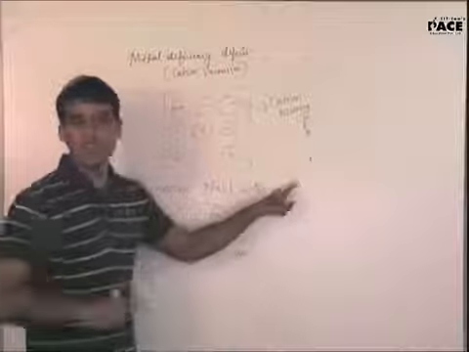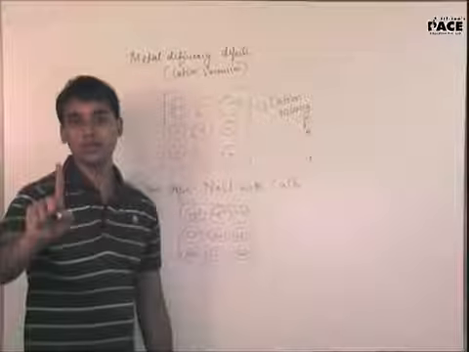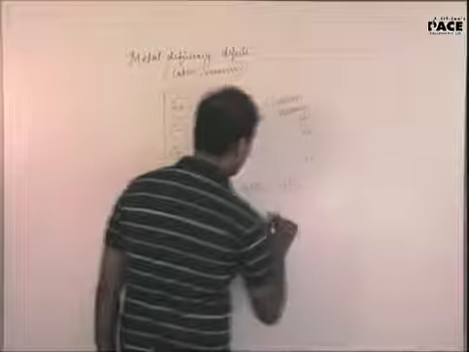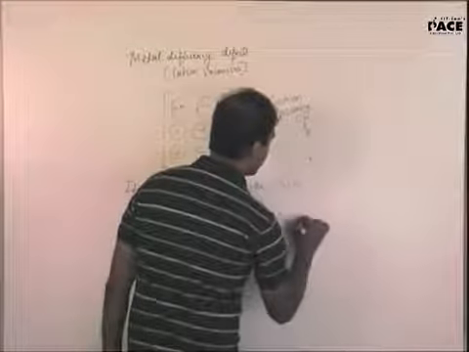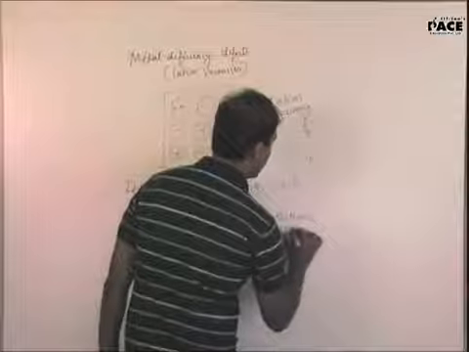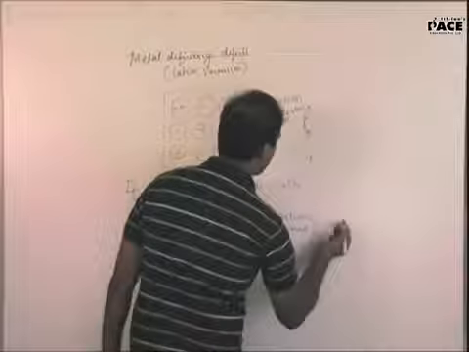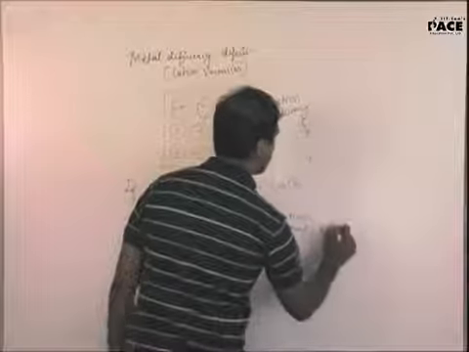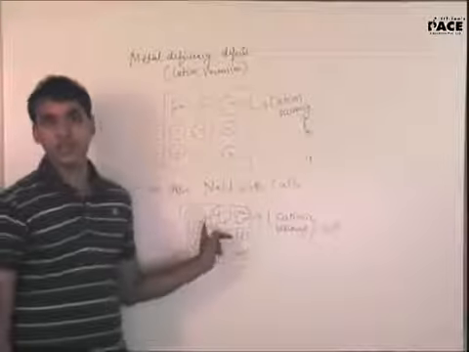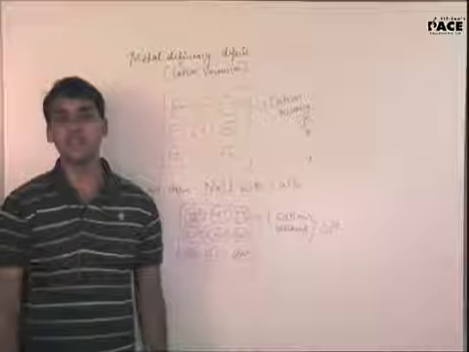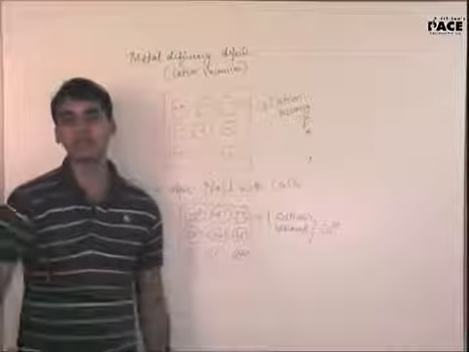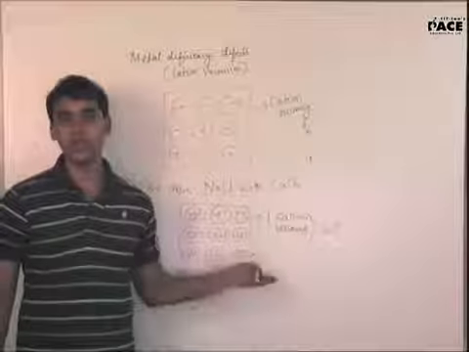For each CaCl2, I am having one cationic vacancy created. So I am writing, this is one cationic vacancy per Ca2+. For each Ca2+, there will be one cationic vacancy generated. Are we clear? There are some questions in your booklet based on this concept, so now you can simply do it.